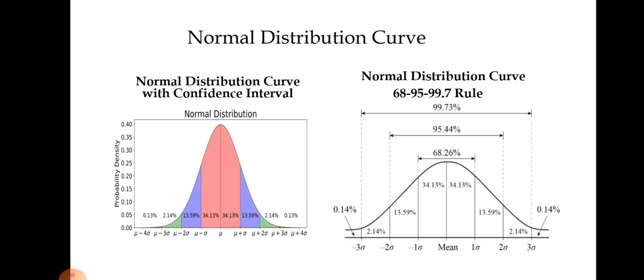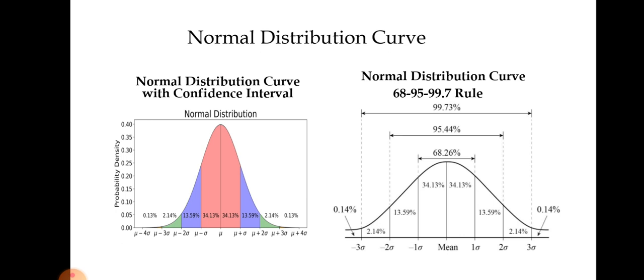While we estimate, we draw a normal curve. There is one rule, the 68, 95, 99.7% rule. What is that rule? If we analyze this normal distribution curve, we will see the data on both sides, left side and right side, is equally distributed.